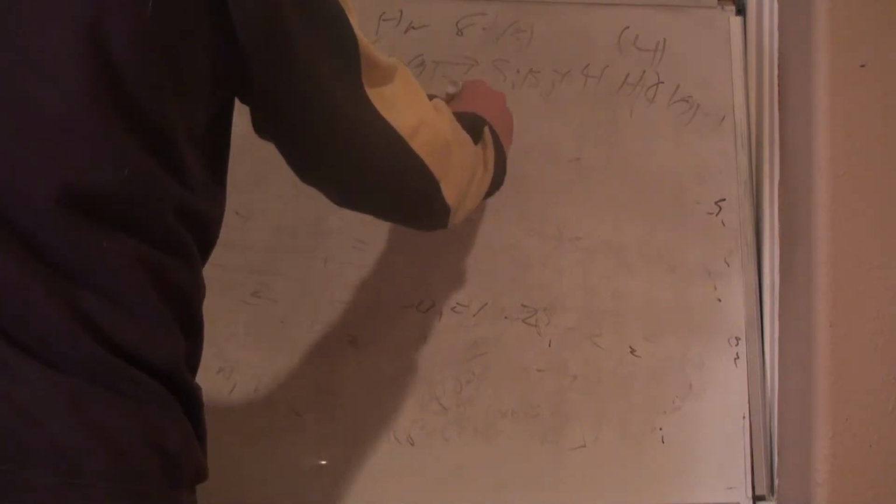I have Ni naught plus nu I squiggly equals Ni. Initial: silicon tetrachloride, there is 1 of those, there's 2 of those, and there's none of those. Plus minus 1 squiggly, minus 2 squiggly, plus 4 squiggly.